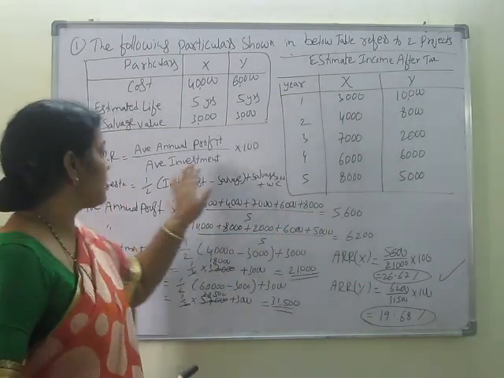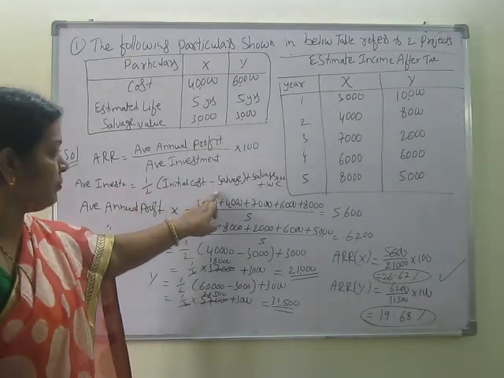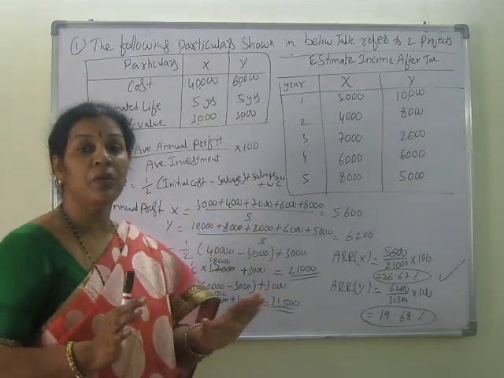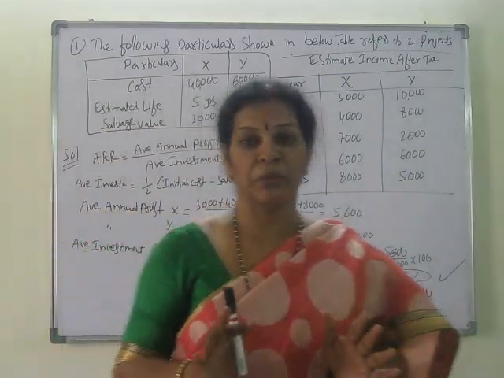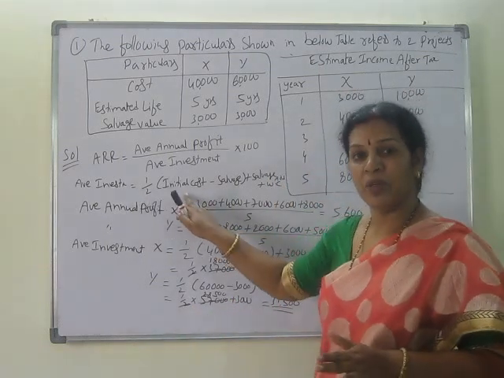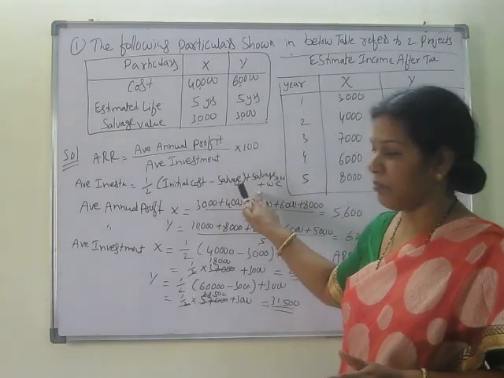And the average investment formula is 1/2 into initial cost minus salvage plus additional working capital. As I told you, additional capital most of the time you won't be given, so just ignore it. 1/2 into initial cost minus salvage value plus salvage value.